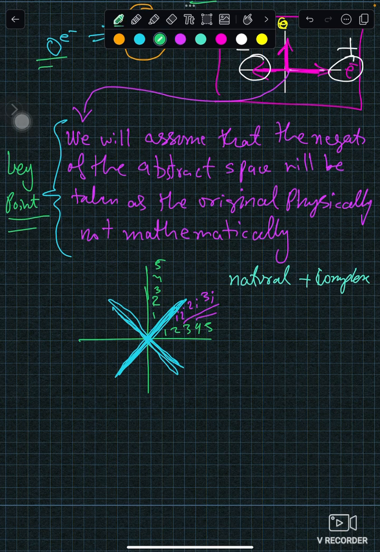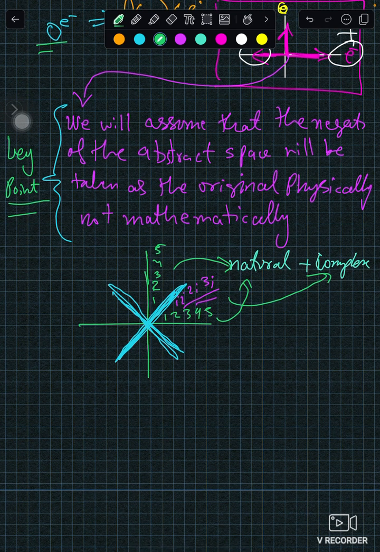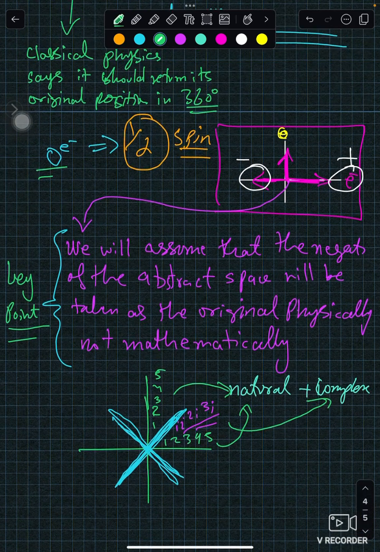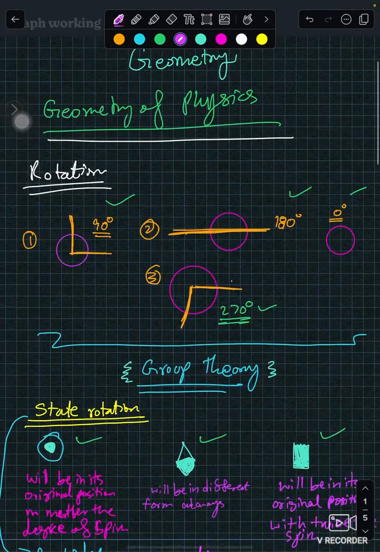What are these? Complex numbers. What are these? Natural numbers. So that's how it makes the understanding of the spin of particles with half spin. That's how it describes it in vector form. Vectors.